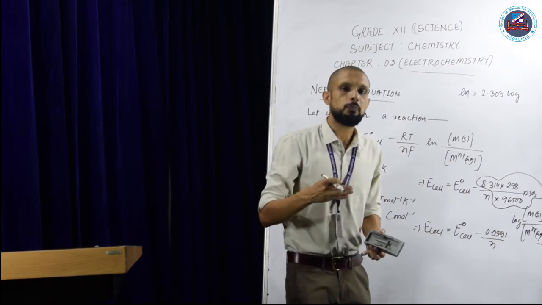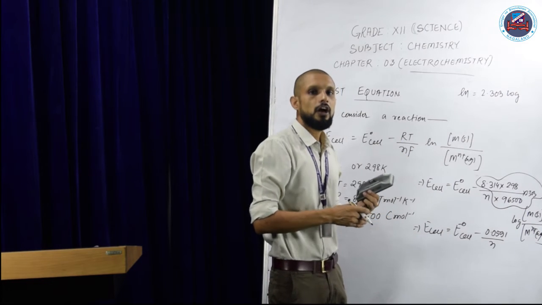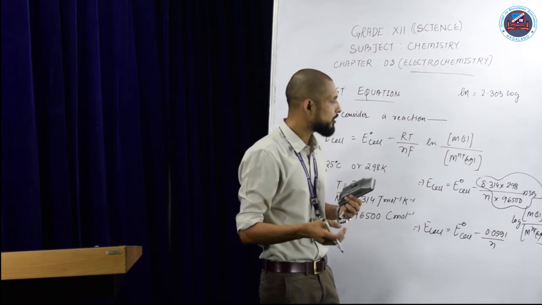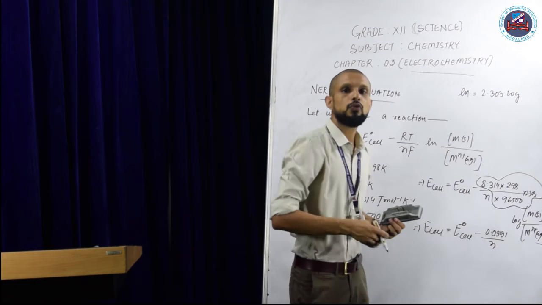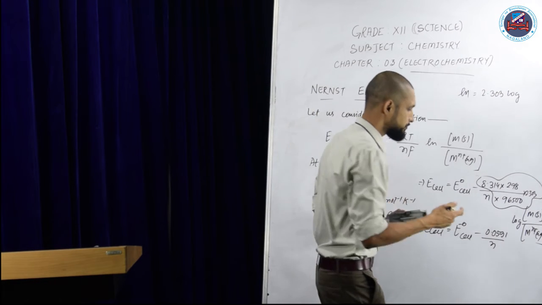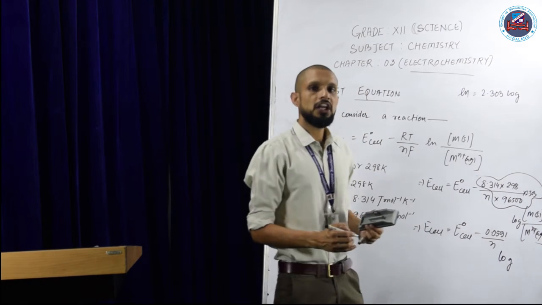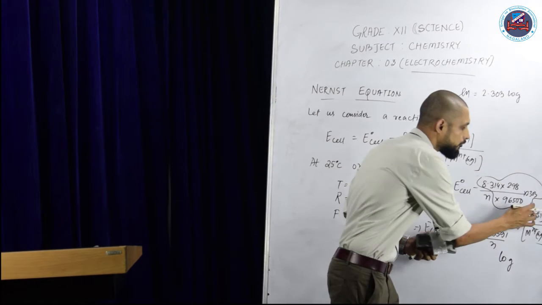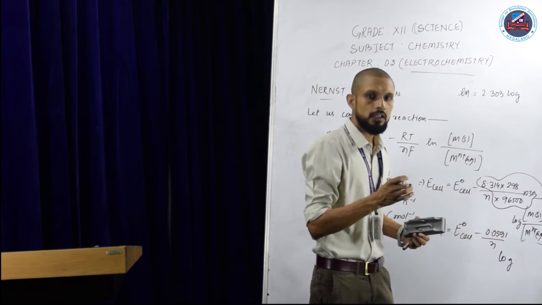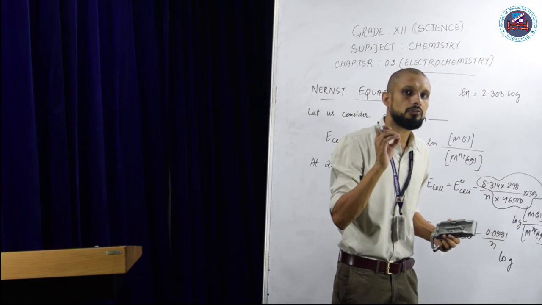So instead of using this equation, putting the value of R, T, F and trying to simplify it, you can use this equation. It will save time and it will be easier for you to calculate the answer. Now, if the species, the metal, is in solid state, that means pure, concentration is equal to 1.